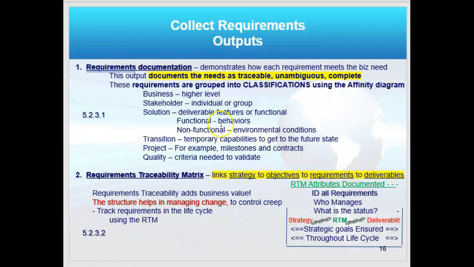I may even classify them into groups like business, stakeholder, a solution requirement, a transition requirement like training, right? Things like that. But the other one I love is a requirements traceability matrix. And that links your corporate strategy to the output objectives through these requirements.